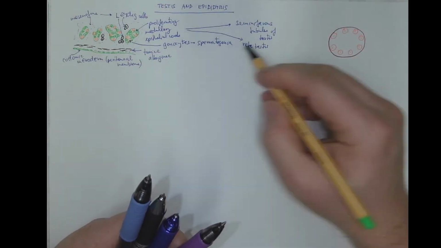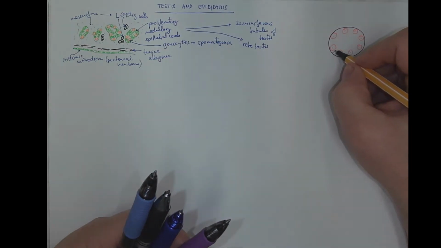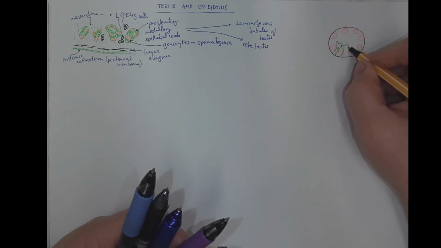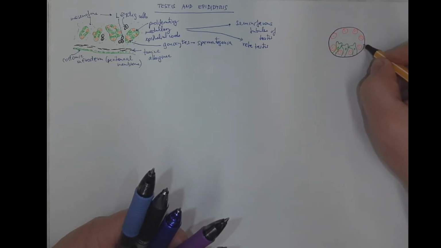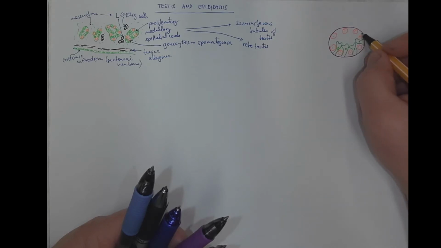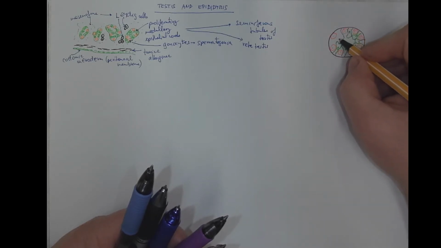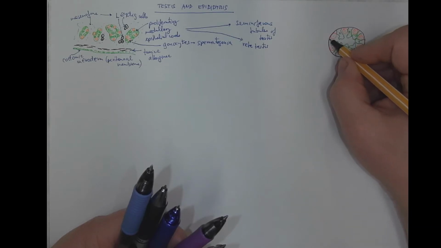And these cells develop into the supporting Sertoli cells that are touching each other, forming the testicular barrier, and these Sertoli cells will, for example, support the spermatogenesis once it starts.